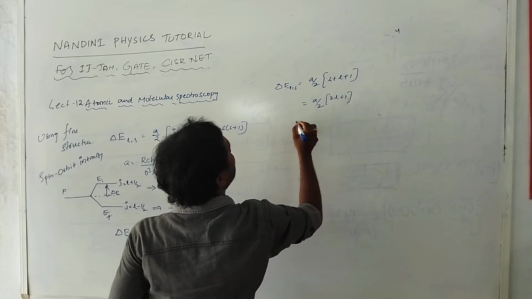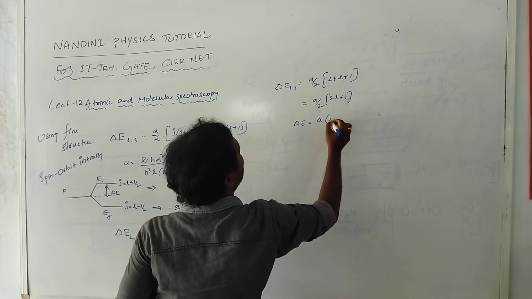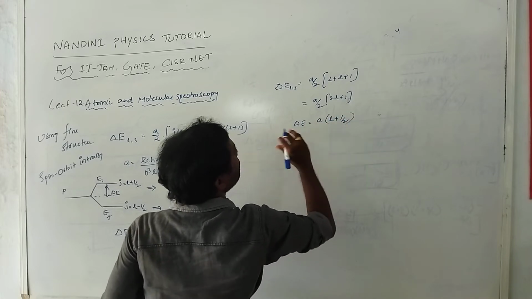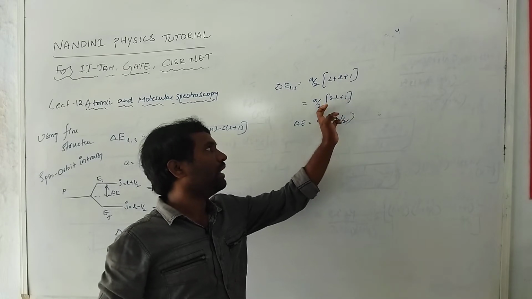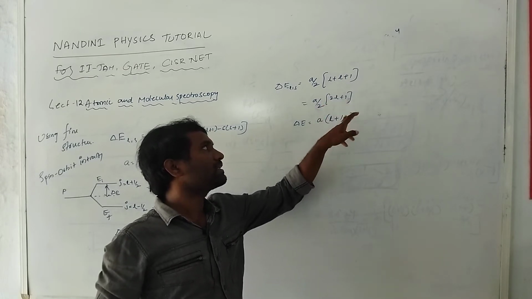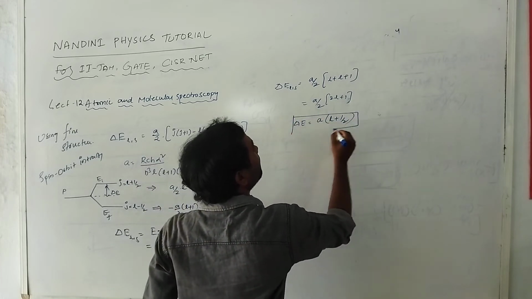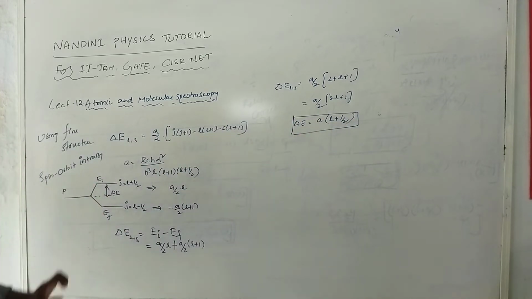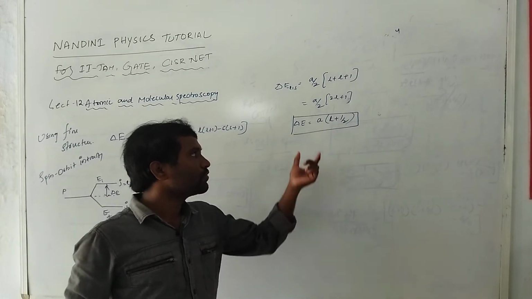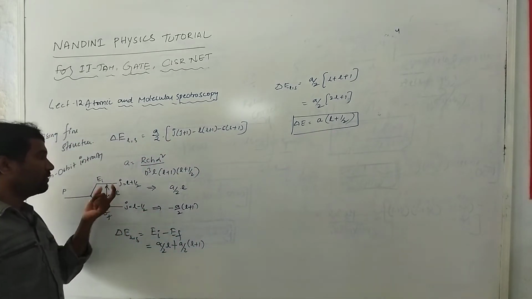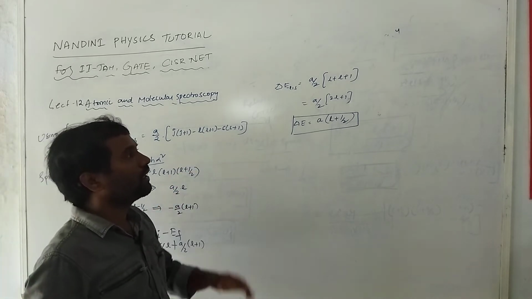So finally you will get delta E is equal to A times of L plus 1 by 2, as the 2 is cancelled. So the energy shift between the two states is delta E equal to A into L plus 1 by 2. So this is the splitting energy between these two states.